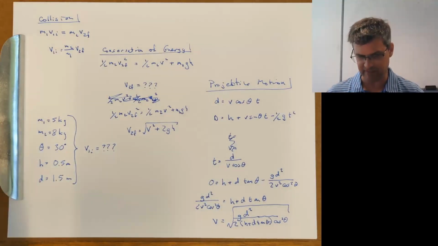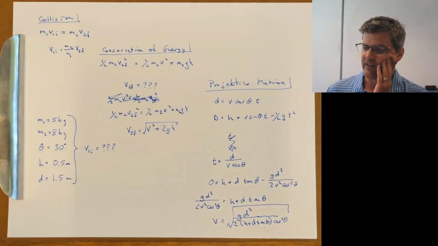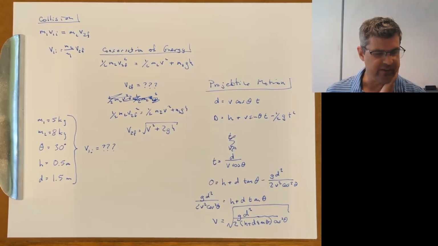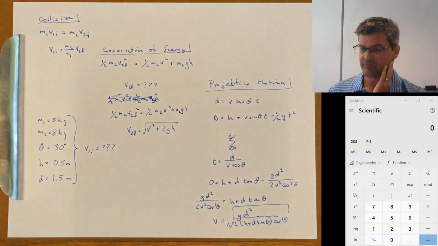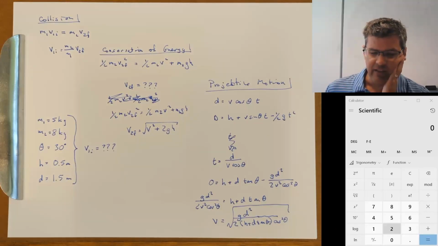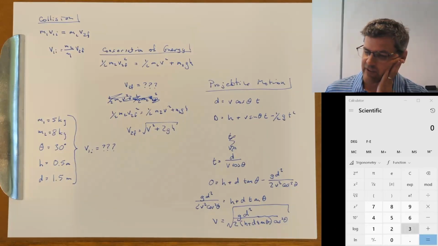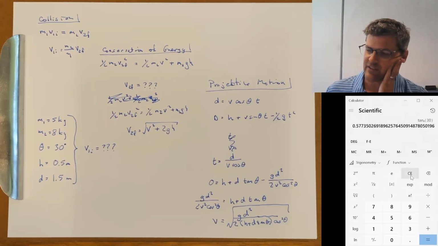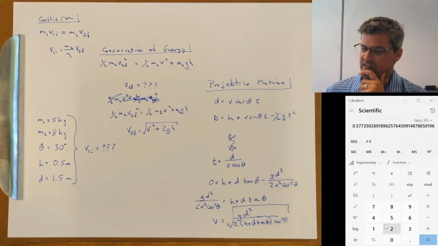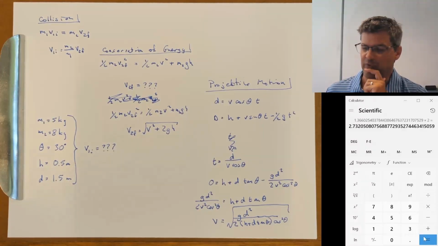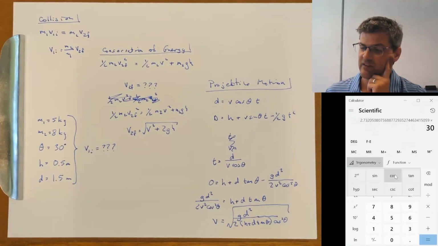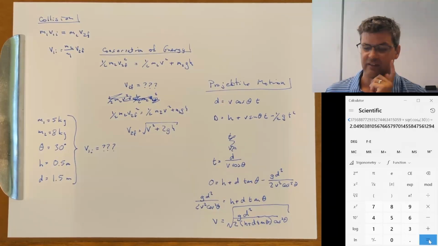Now let's pull out a calculator and see what we can get from this. Let's clear everything. Let's do the inside here first. So the tangent of 30 times d is this. I need to add h, which is 1/2, multiplied by 2, multiplied by cosine of 30 squared, is equal to this.